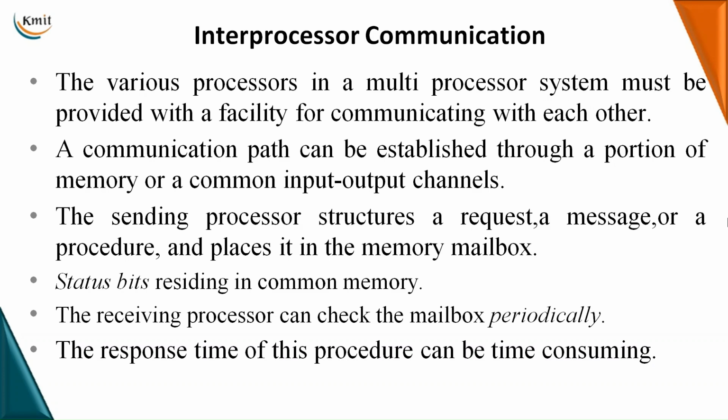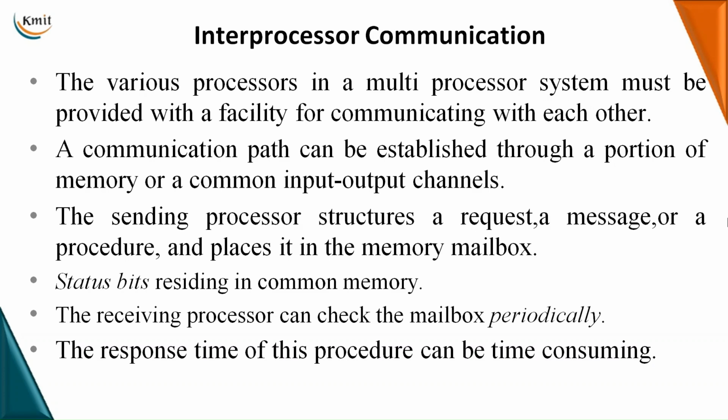So a communication path has to be established by means of a portion of memory or common input output channels, so that the sending process will send a request in the form of a message or a procedure and place it into the mailbox, which is present in the shared region between the two communicating parties. There are also status bits present in the common shared region, which tell us which process is sharing that particular region of memory.